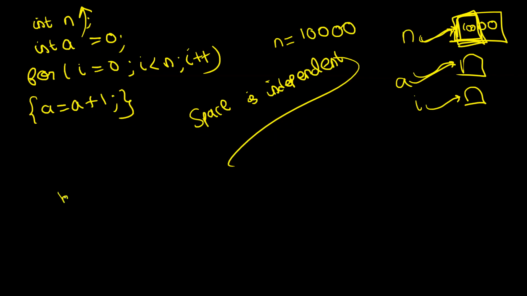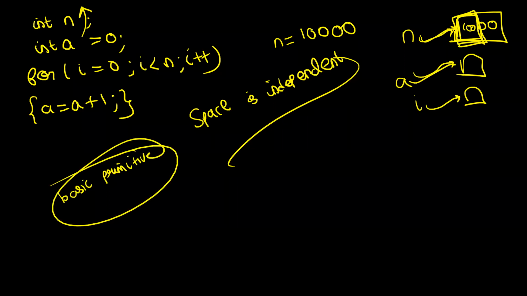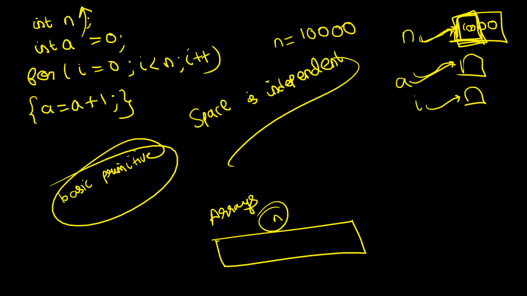So the general rule of thumb goes like this. When we have only basic primitive variables, they don't contribute to space. What contributes to space? Arrays. Let's say I make an array of size n, then the space is varying directly with n. Do you agree? If my n is 100, then I will reserve space for storing 100 integers.